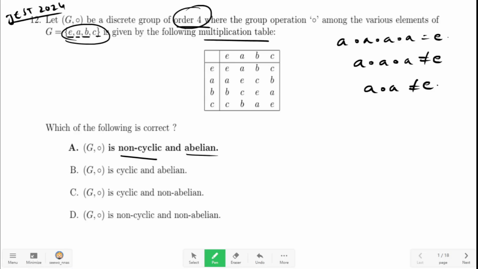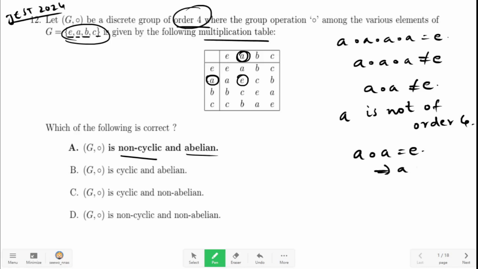So let's see. A operating on A gives us identity. So A is not of order 4. In fact, A operation A is equal to identity, which implies A is of order 2.